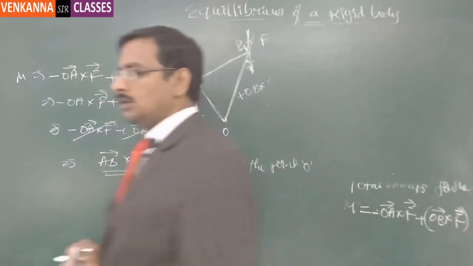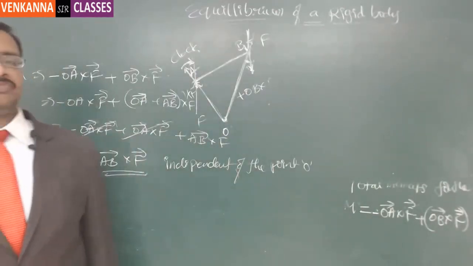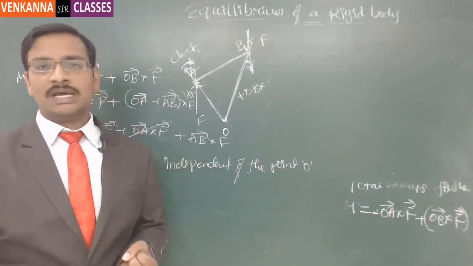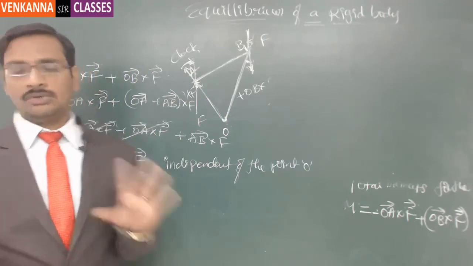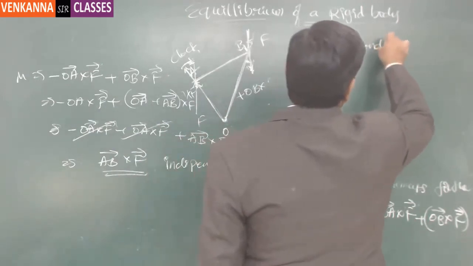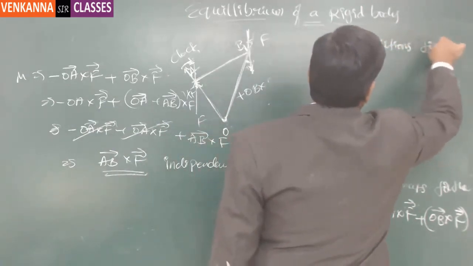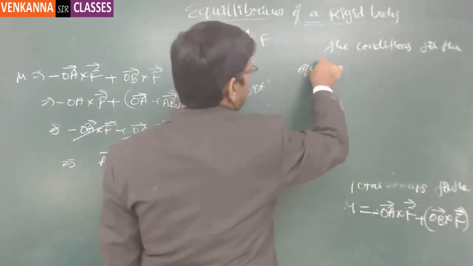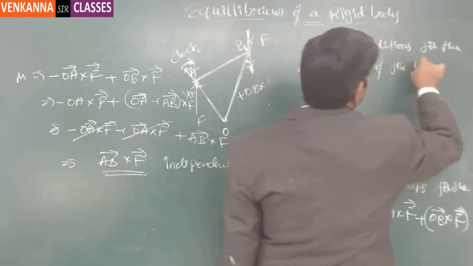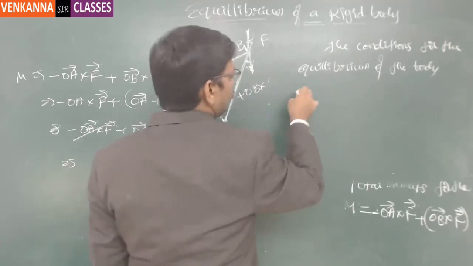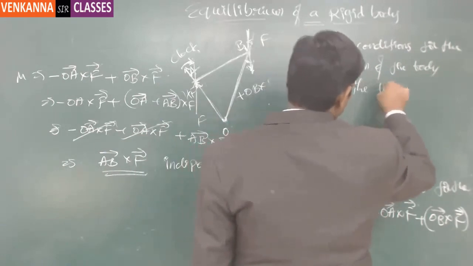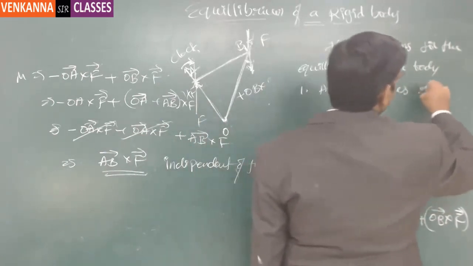Got it? So for the body to be under equilibrium condition, there has to be no linear movement and no angular movement. That means the sum of all the forces has to be 0 and the sum of all the moments has to be 0. So the conditions for the equilibrium of the body: one is that the resultant of all the forces has to be 0.